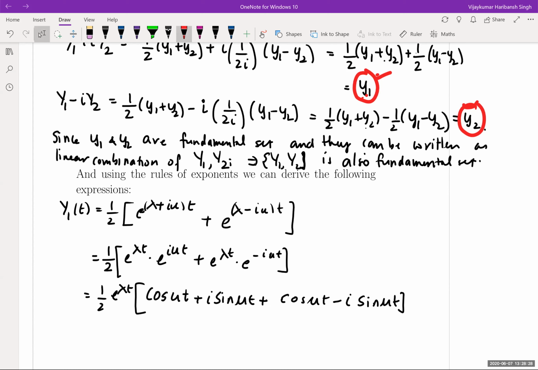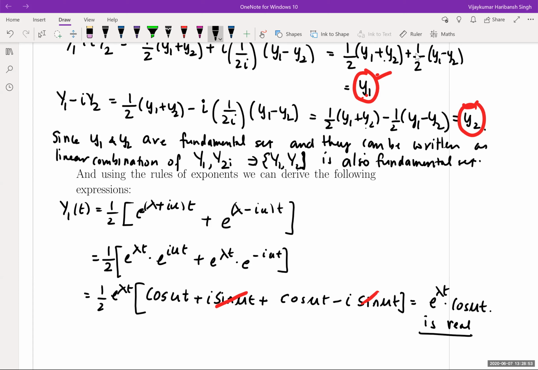And you can see that these cancel off. And what do you get? You get half, and this will add to 2. So that 2 and this 2 will cancel. So we have e to the power lambda t times cos of mu t. And which is what? Is real.